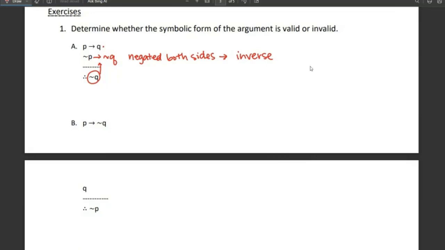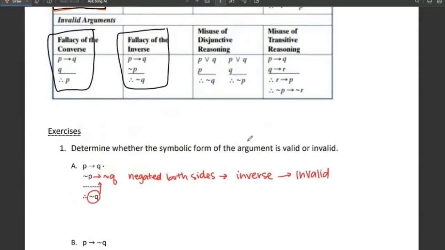And our inverse is always invalid. And if you look at the table, it has the same example, fallacy of the inverse.